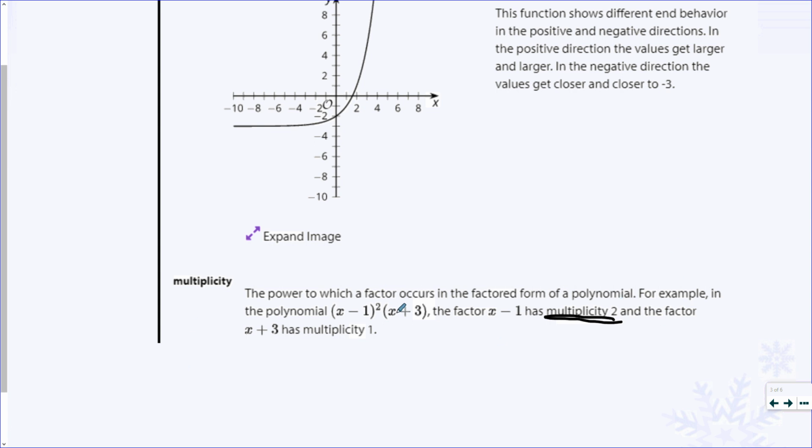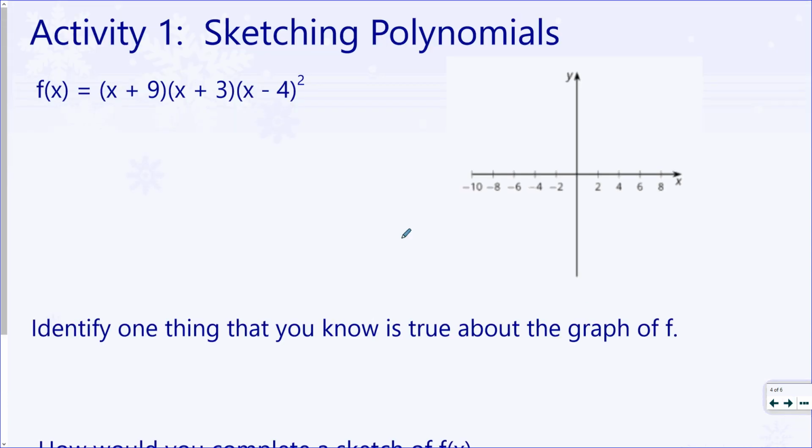And the x plus 3, there's one copy of the x plus 3, because you could put a 1 here. So that has multiplicity 1. So that's the definition of that word. Okay, so now that we know about multiplicity, this allows us to sketch fairly accurate rough graphs from factored form.